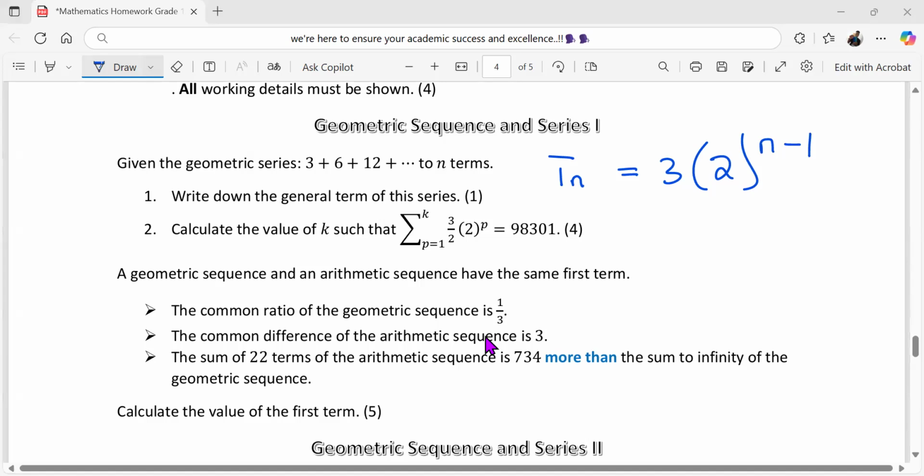But now it's time for us to calculate the value of k such that this series will be having this sum. And I really want you to realize that they played a trick on you because it's the same series really. They just wanted to trick you to see if we can manipulate your expressions.